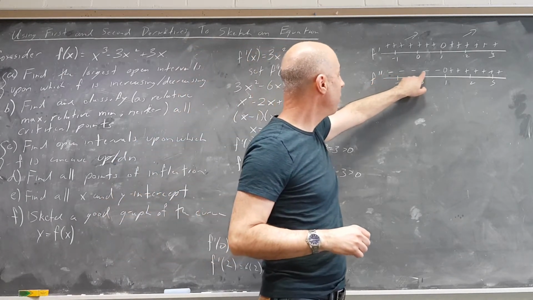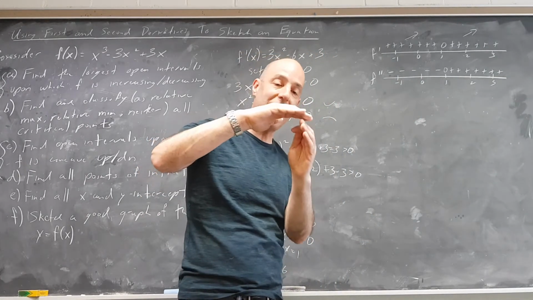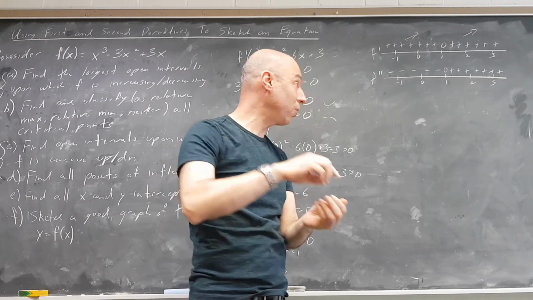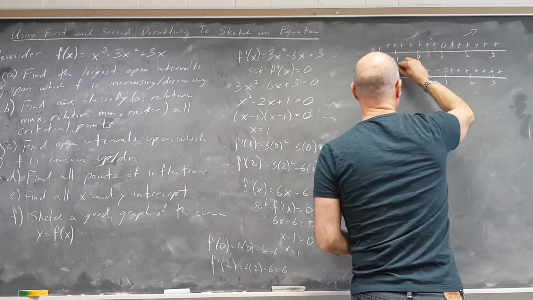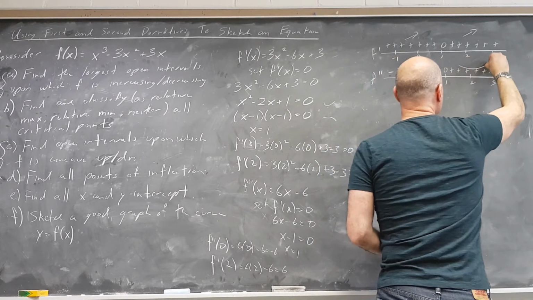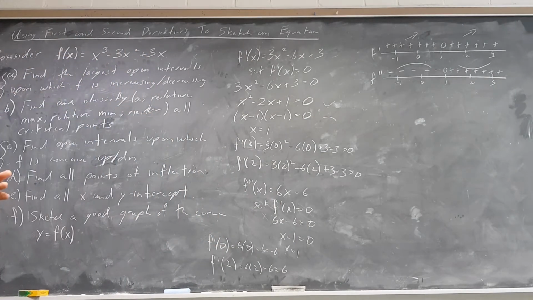So over here, minus, we know minus is concave down. Don't get confused here. Concave down actually looks like a hill because the cave is in the bottom. It's curving downwards. So it's concave down over here, and over here it's concave up. For your second derivative, do not use the up arrows and the down arrows because the second derivative doesn't tell you about increasing and decreasing.